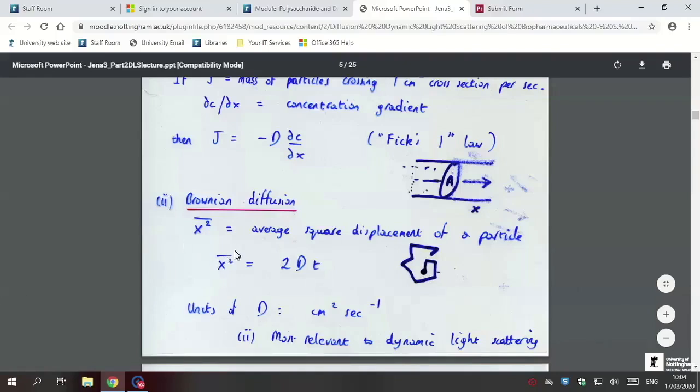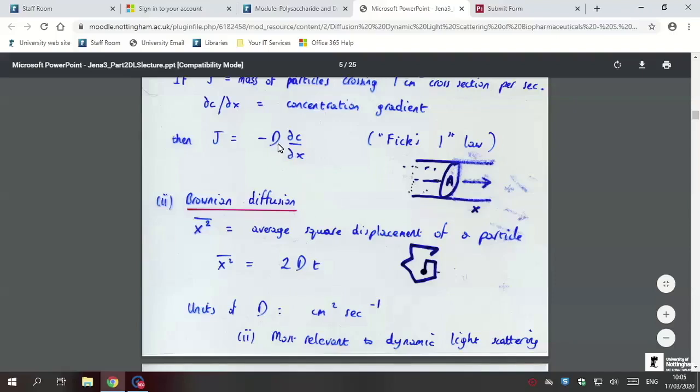So the mean square displacement of a particle equals twice the diffusion coefficient times time. So if you can measure that and divide by 2t, you get the diffusion coefficient, which is the same diffusion coefficient as in this equation here.